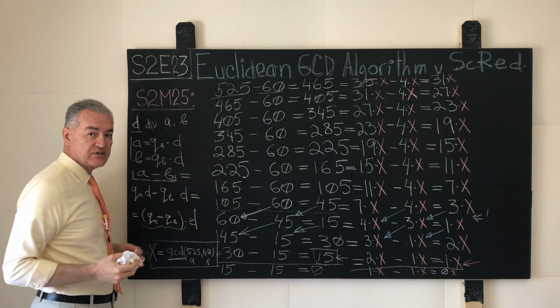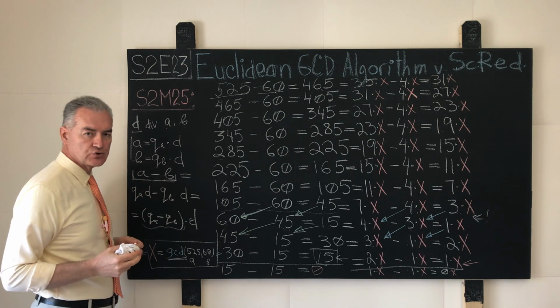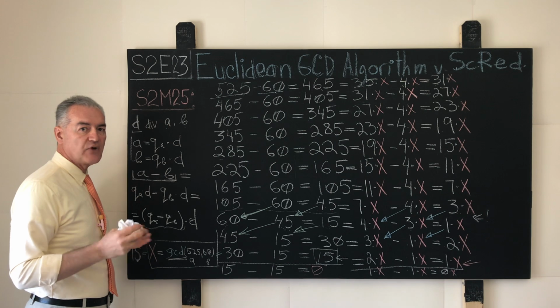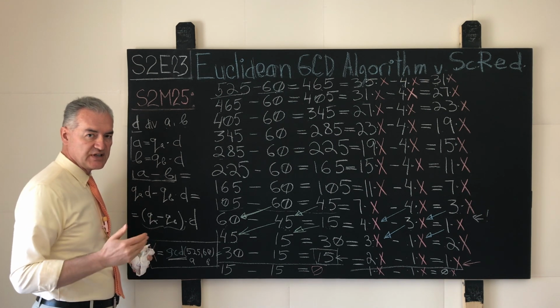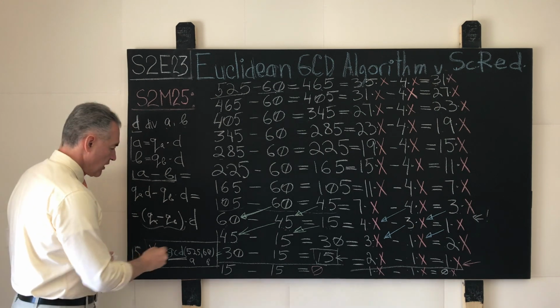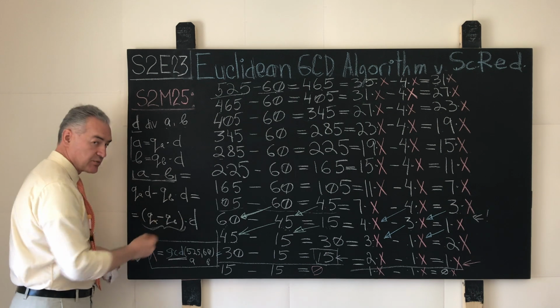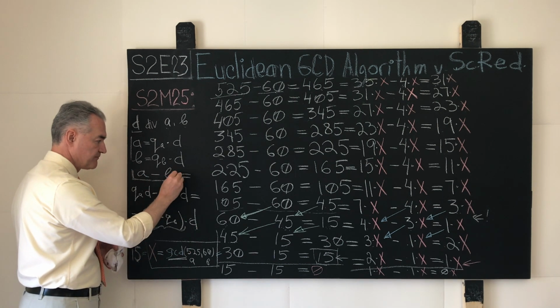Well, it so happens that the set of integers, or the set of whole numbers, is also closed under subtraction, and that means that the difference of any two integers is an integer, or the difference of any two whole numbers is yet again a whole number. We have a whole number over here, and that is precisely a symbolic representation of the fact that the number d divides the difference of the numbers a and b.